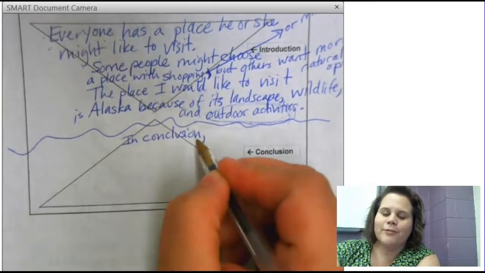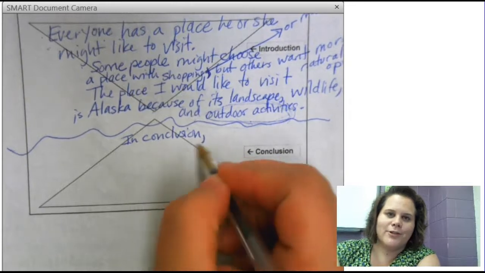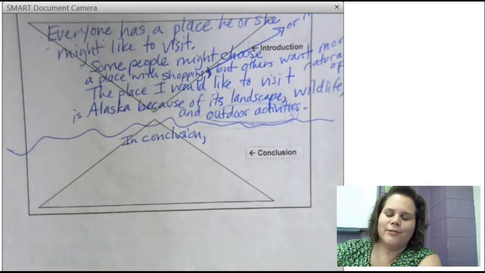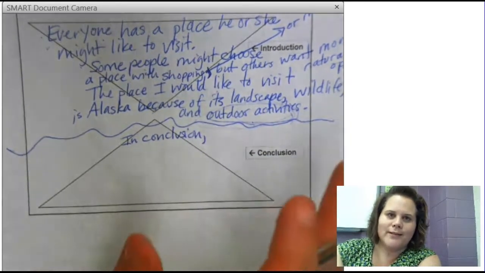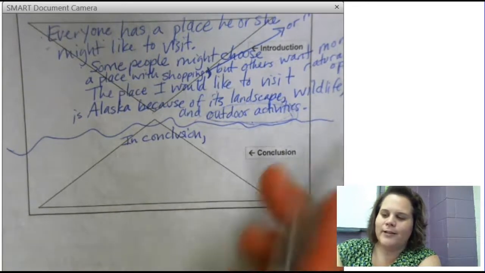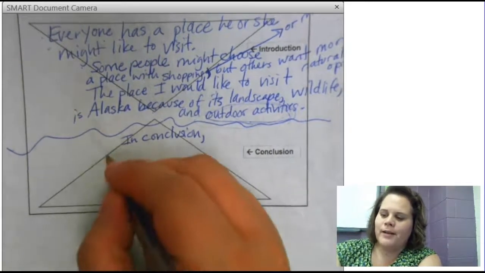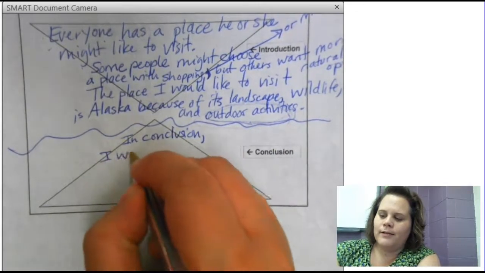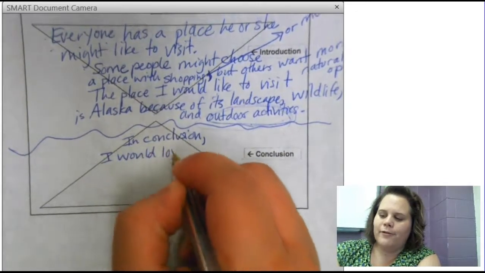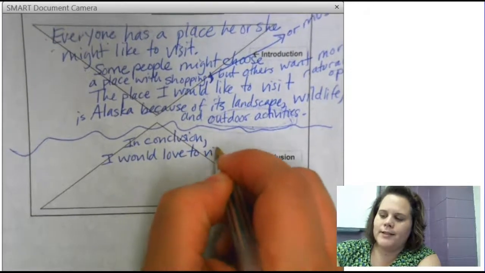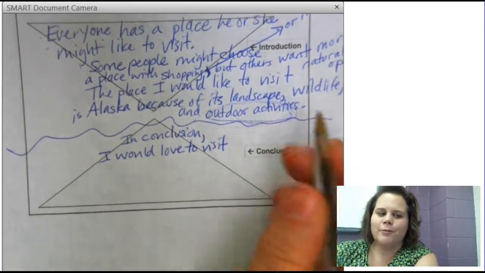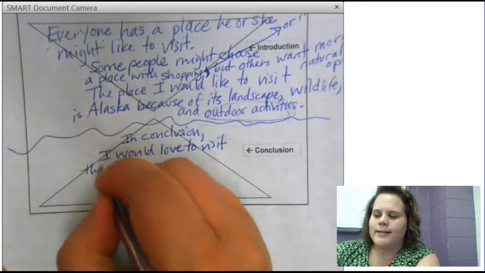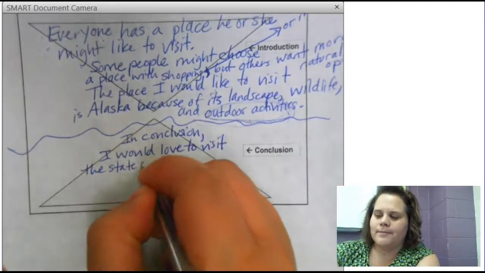There's a billion different ways you can write that transition, so we'll move into different ones, but that's a steadfast standby if you need it. In conclusion, I would love to visit, I'm trying to make it different words, same idea, the state of Alaska.